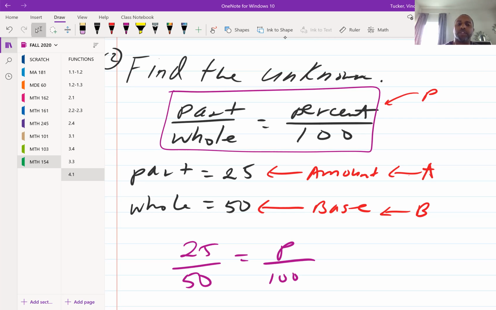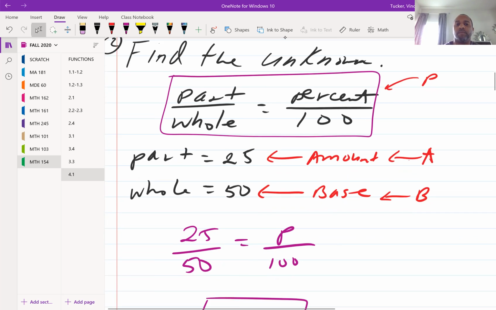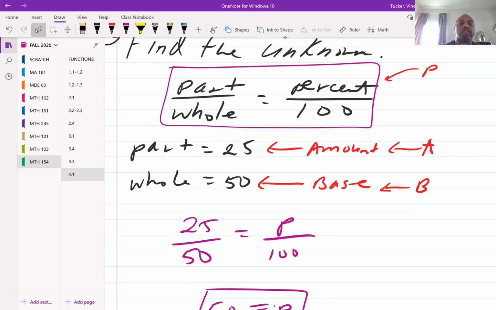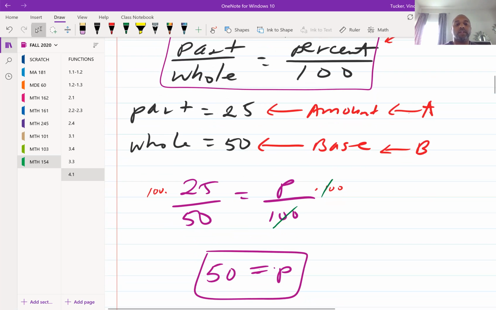The percent is what we're trying to find. And if you can cross multiply, that's always an option. Or if you just see the fact here, we can multiply both sides by 100. The 100s will cancel on the right, leaving you with P. Then 25 divided by 50 times 100 will give you that 50%.